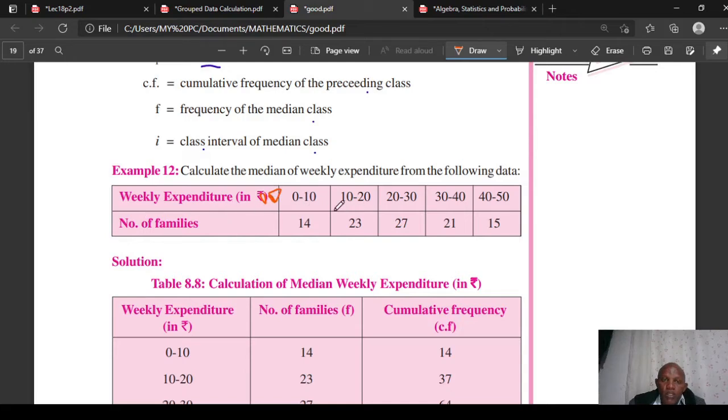So it is 10 times 100 is 1,000. 20 times 100 is 2,000. So you have got weekly expenditure and number of families. Some families spent 0 shillings up to 10 times 100 because it has 2 zeros. Then of course you have the number of families.